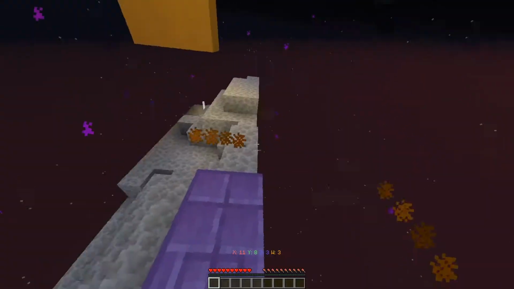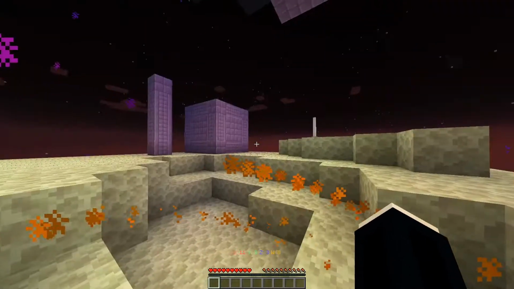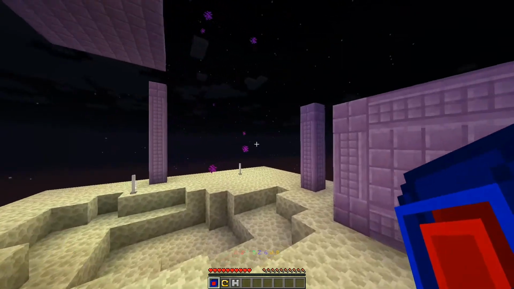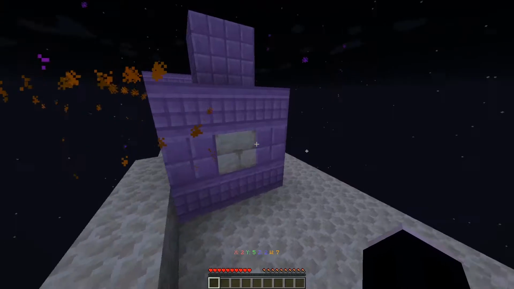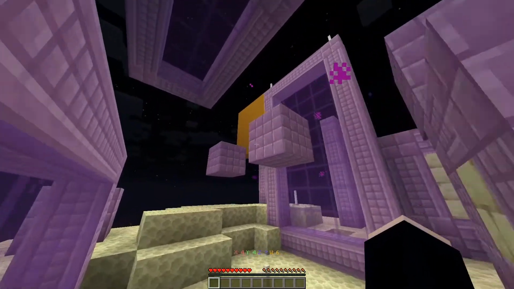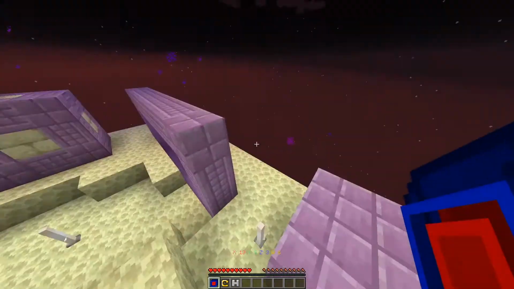So... Ow! Jeez. Reset my W position. Still don't know what the original W position was, actually. I wish I did. Okay, I think it's about... Yeah, 6. 6 is the winning position.